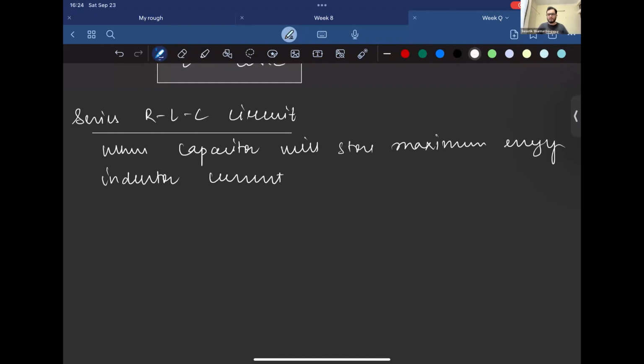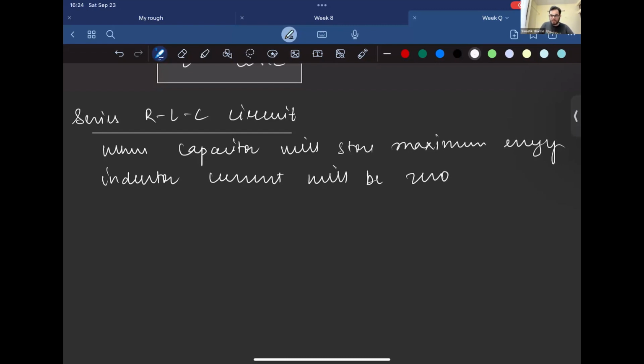Because there is no other energy storing element present. There's a single R present, but it dissipates energy. So the maximum amount of stored energy in a capacitor will only be when the inductor current will be zero.